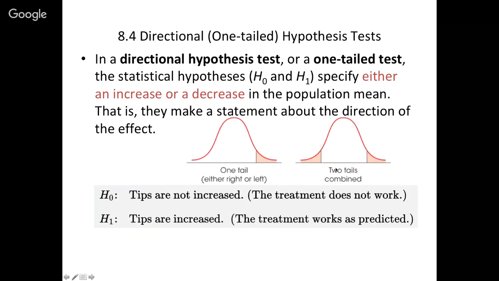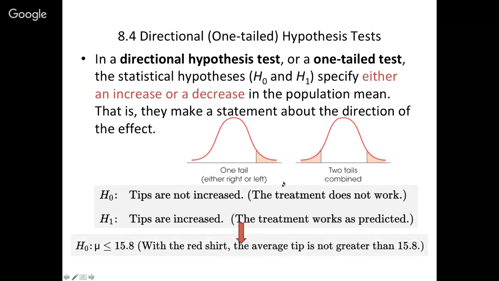So for a one-tailed t-test, we set the difference, right? For example, if you still remember the example we introduced on Monday, we are going to test whether the waitresses wearing red will get more tips from men, right?